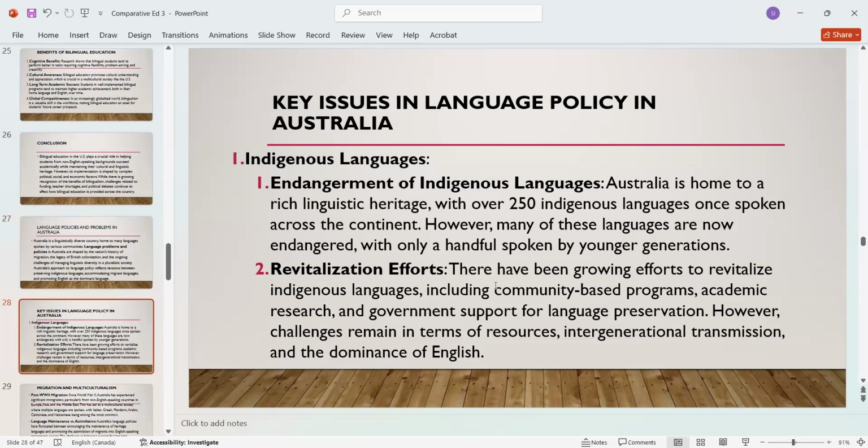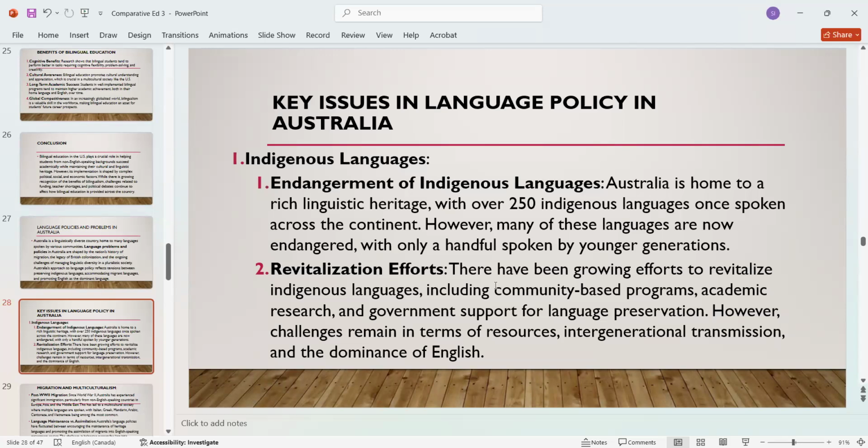In Australia, indigenous people are there. They have their own language. So, endangerment of indigenous languages. Now, even the Vedas are an indigenous group, but they now like to move to urban areas, and they are sending their children to learn in school, right?